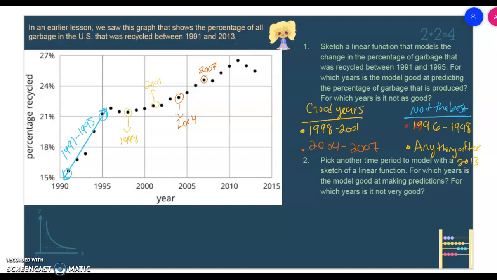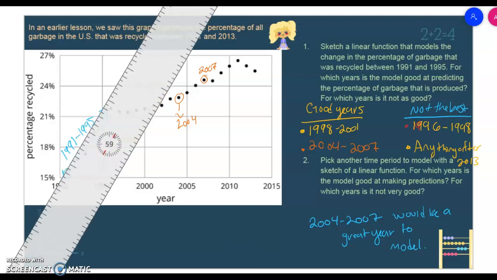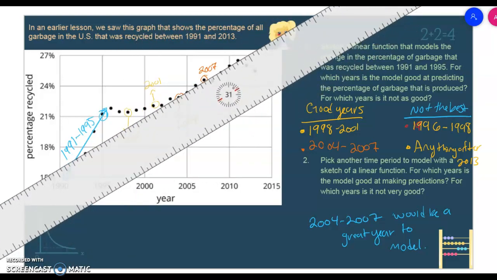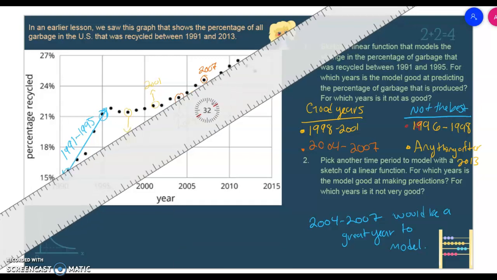So we're going to pick a time period and sketch it. So let's do 2004 to 2007. I'm going to say that would be a great year to model. So I'm going to take my pen here and kind of go like right there a little bit.